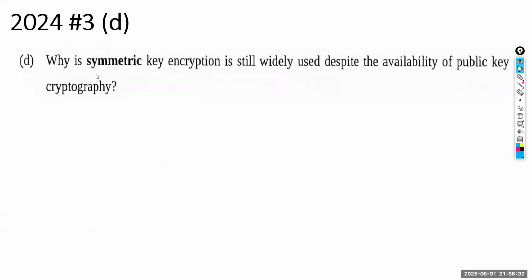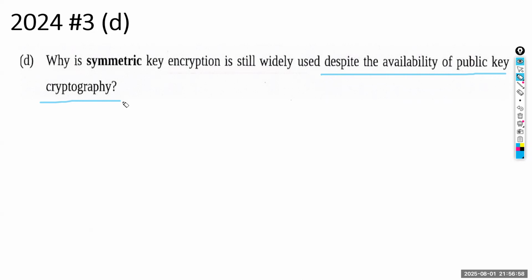Right, next one. Why is symmetric key encryption still widely used despite the availability of public key cryptography? Remember, public key cryptography is better because you decrypt using a different key than the encryption key, so that you can keep your secret with you. So the question is, when you have that approach, why do we still use symmetric key?